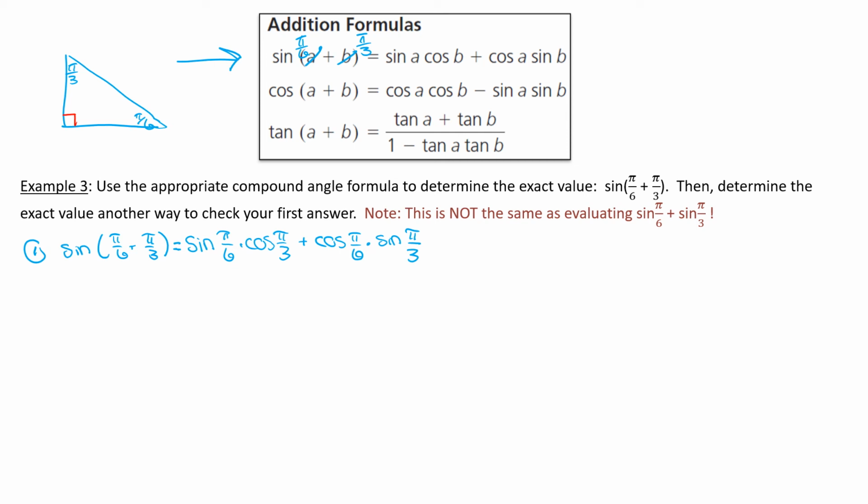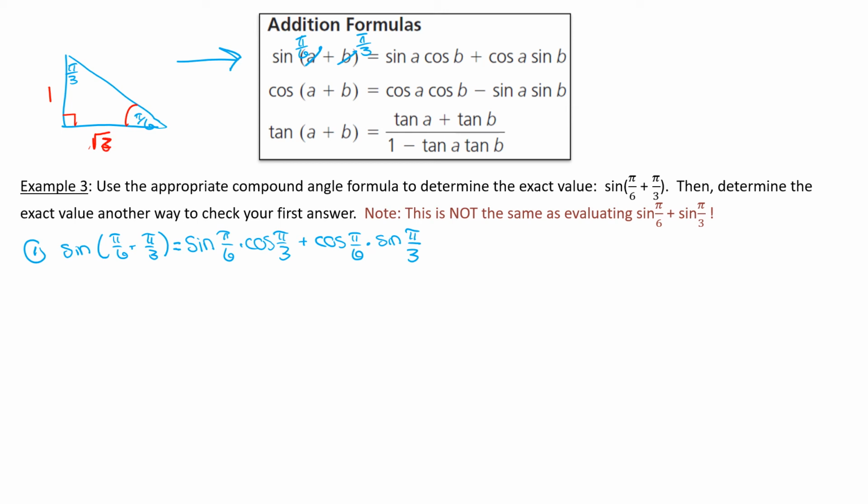If I'm going to start with sine of pi over 6, here's pi over 6. What are my side measurements? So we're going to fill in our side lengths here for pi over 6 and pi over 3. Pi over 6 is the smallest angle. That gets a 1. Across from the pi over 3 is the root 3.